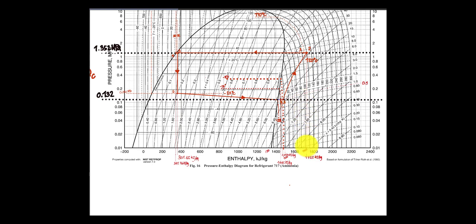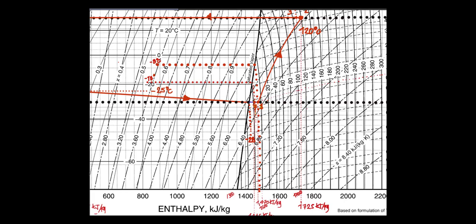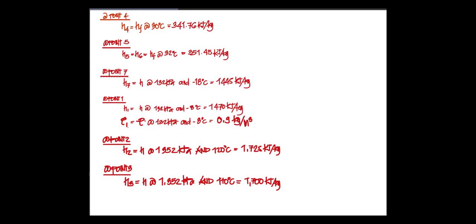Let's draw the line to find the value of this one. You will notice it touches this dotted line, which is equal to 1700 kilojoule per kilogram. So we have 1,700 now.